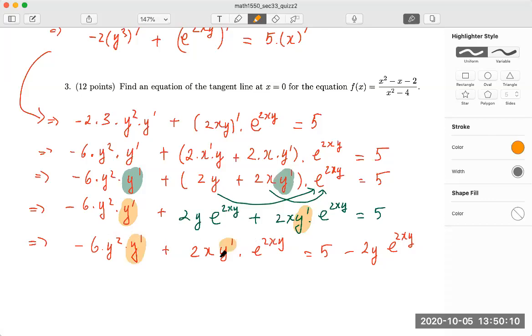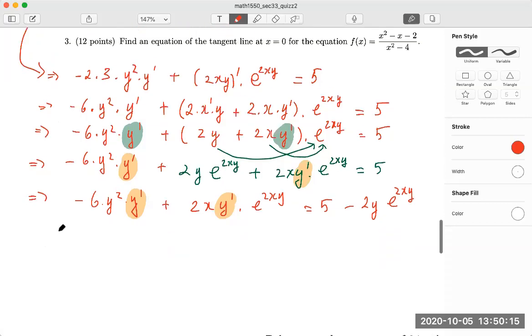It is y prime here. So when we factor it out, what do we have? Very good. And that's it. This is a product, right?